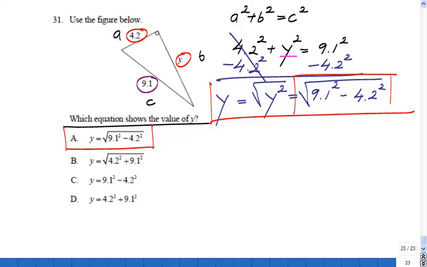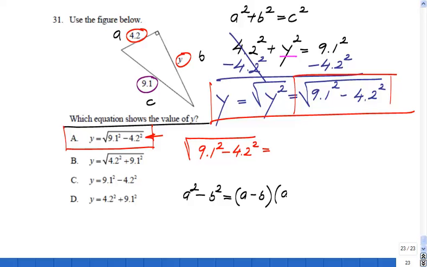Now, one easy way to find that value, and I'm moving ahead now for the purpose of a different type of problem: if you have to find very quickly the square root of 9.1 squared minus 4.2 squared, you should remember that a squared minus b squared, the difference of two squares, is the same as a minus b times a plus b, okay?